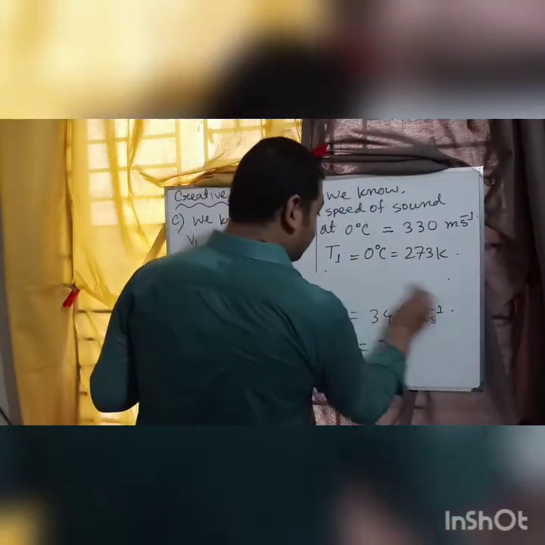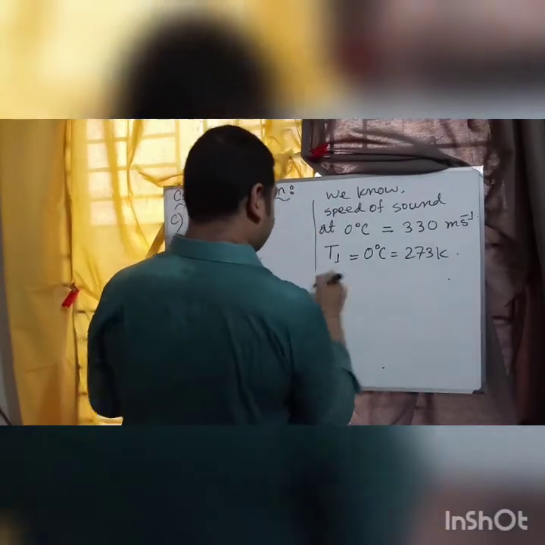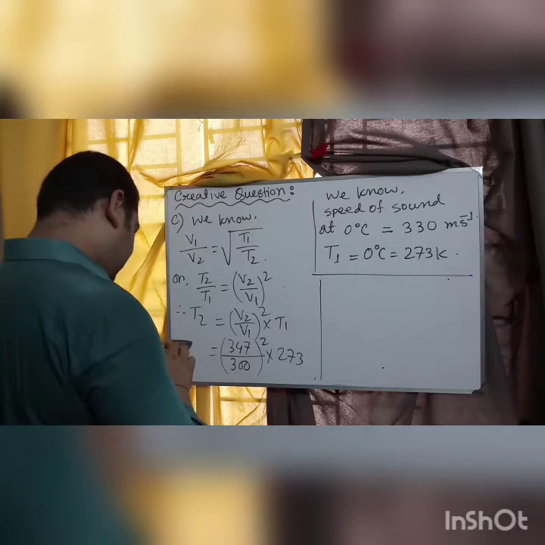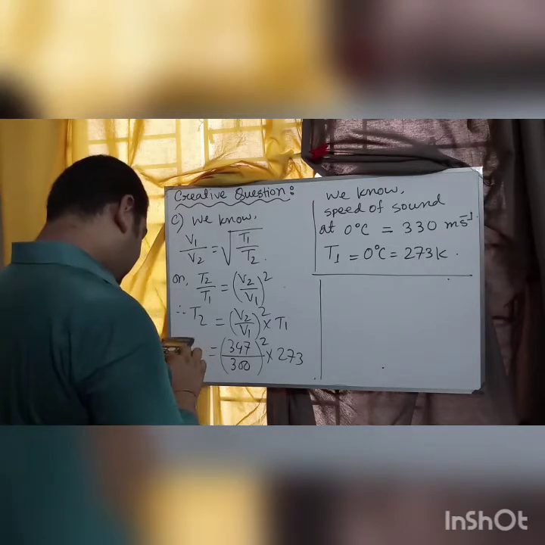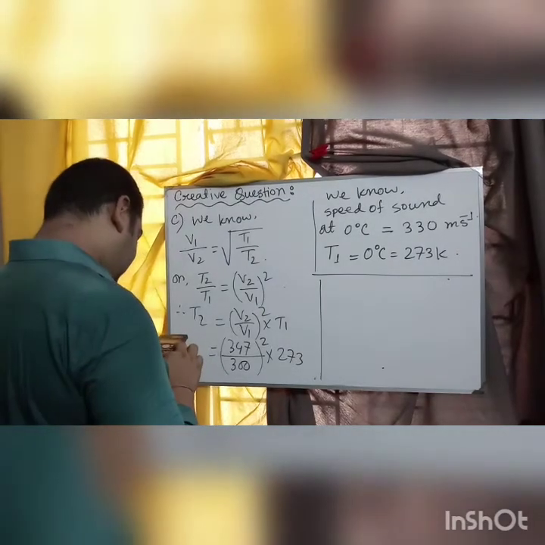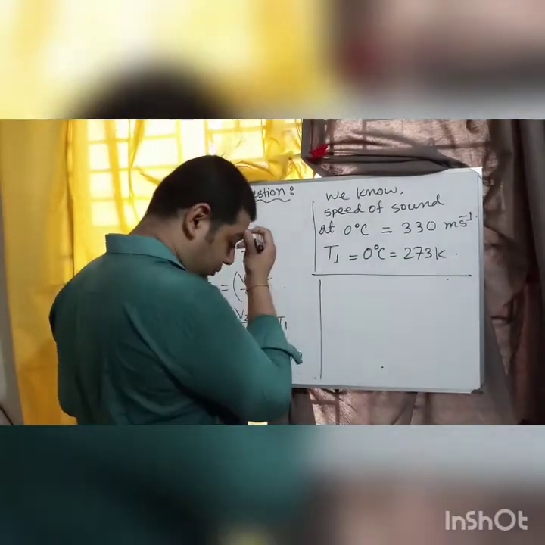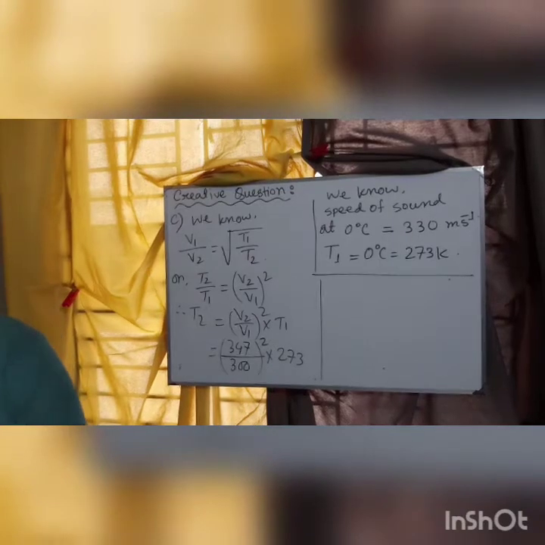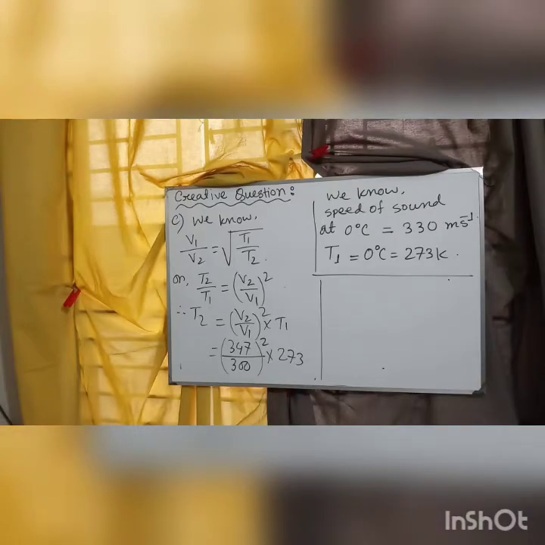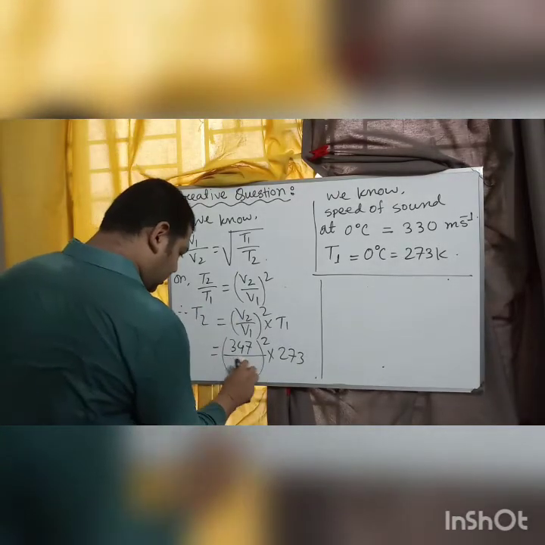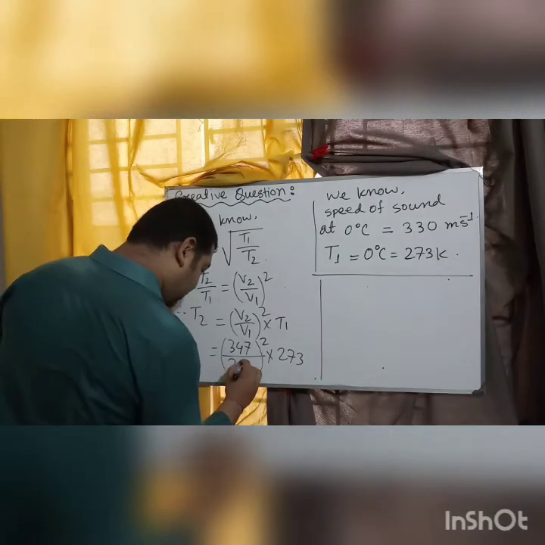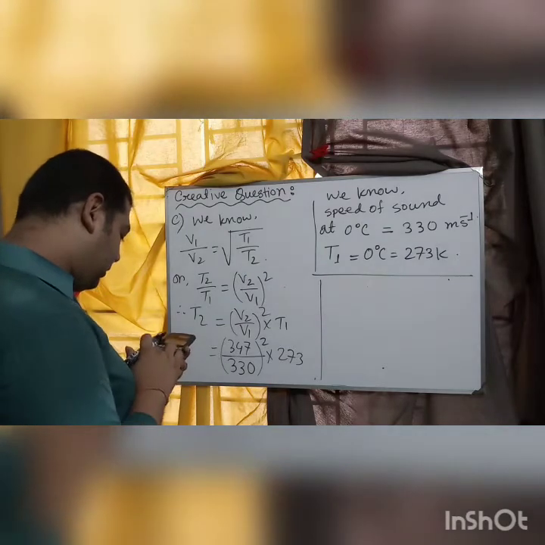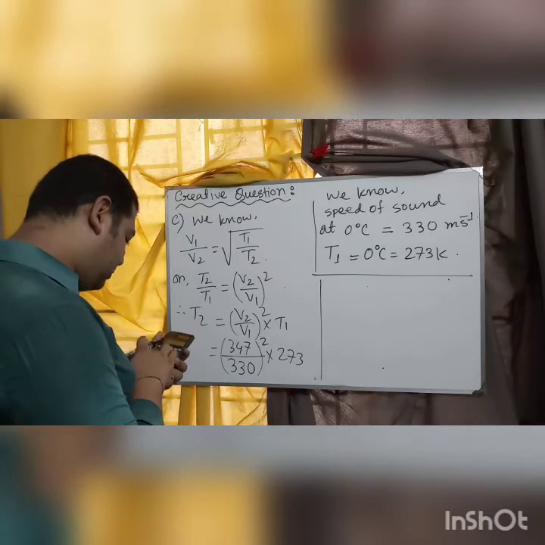Okay, calculating, 347 divided by 330 whole square into 273.